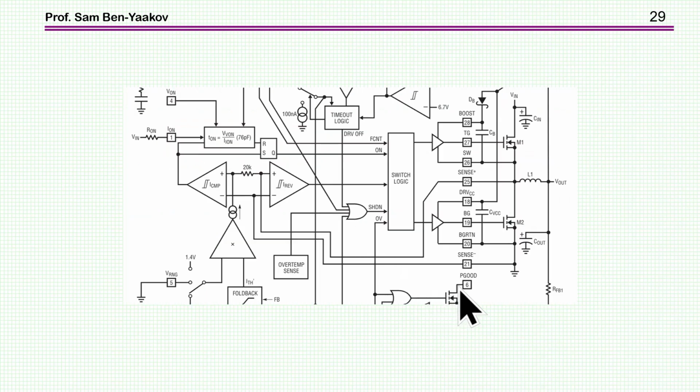In this case, the current sensing is done by looking at the voltage across this lower transistor when it is on. Okay, so this is the plus and minus of the sense, and this sense now goes into the comparator, which also gets the output of the error amplifier of the voltage loop. So this follows the idea of peak current mode.